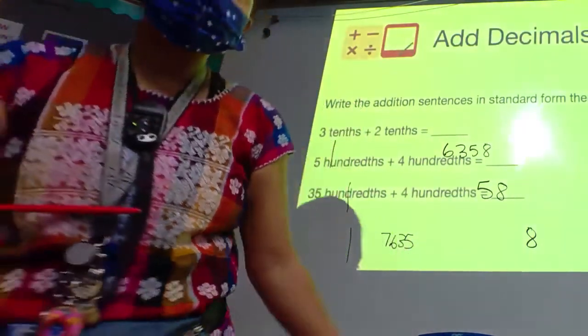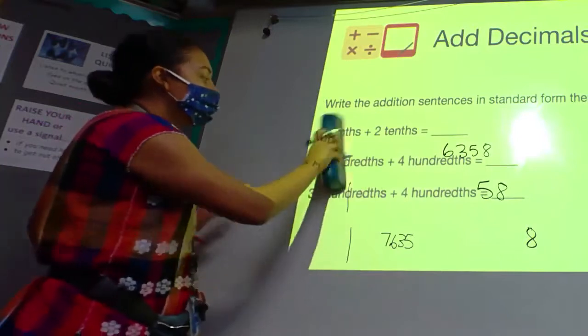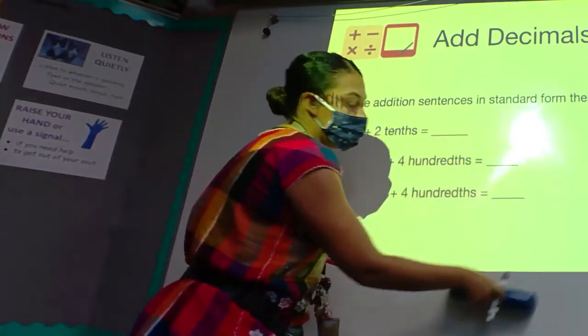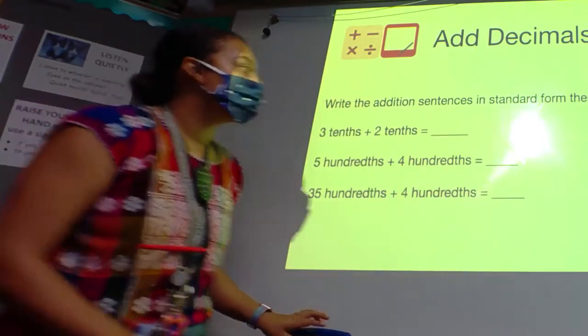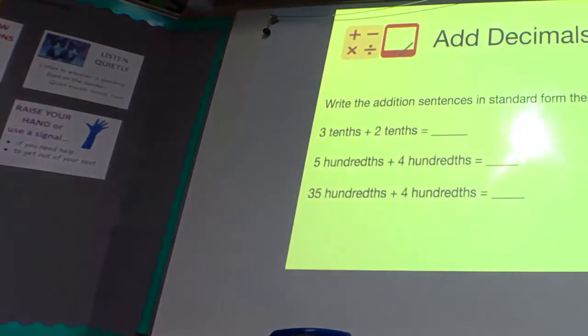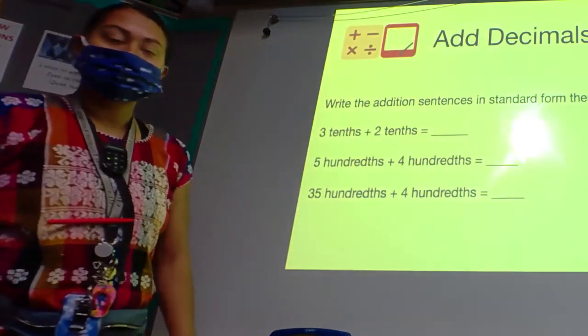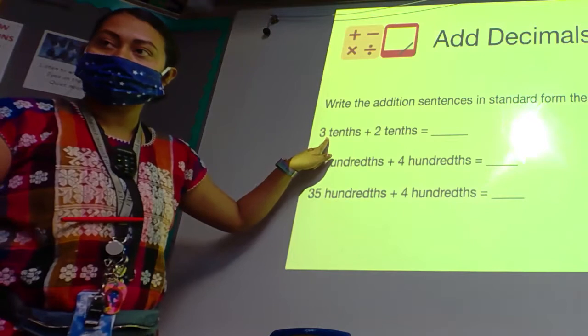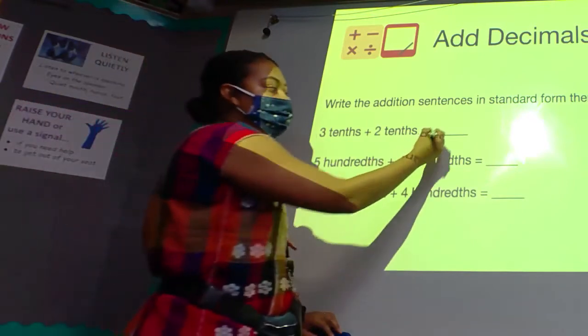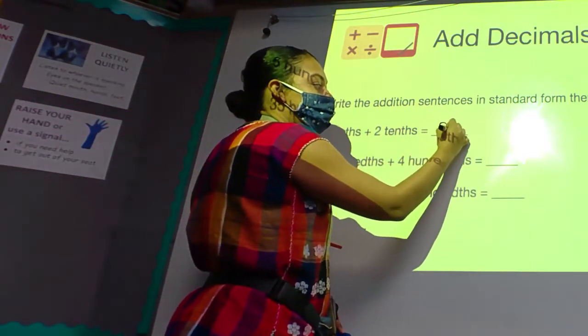Okay, next we have add decimals. Ready? Okay. Read the addition sentence. 3/10 plus 2/10 equals blank. So how do we write 3/10 in standard form? 0.3.